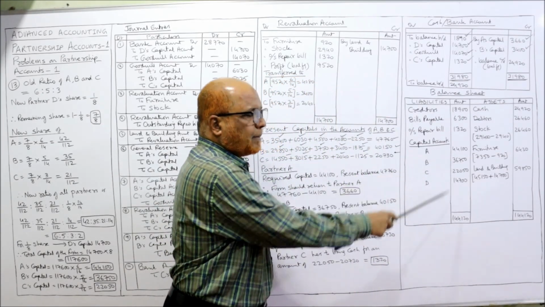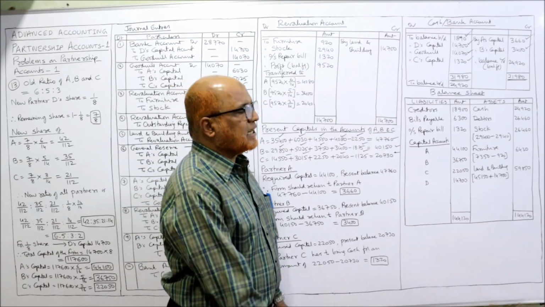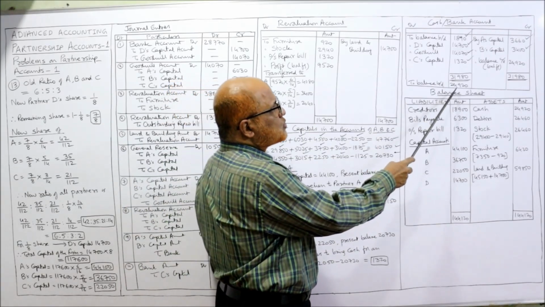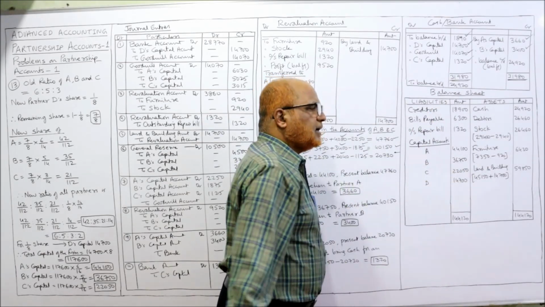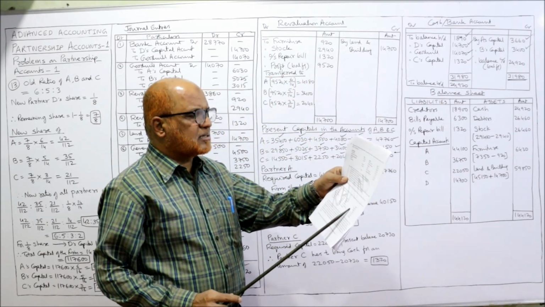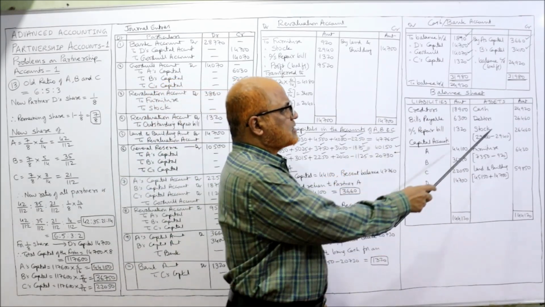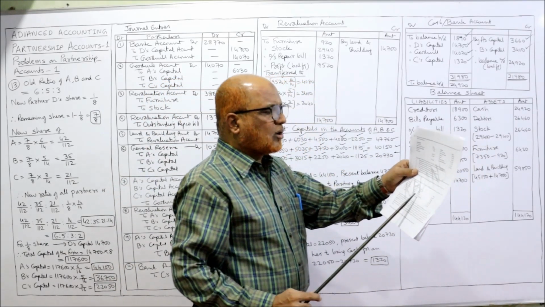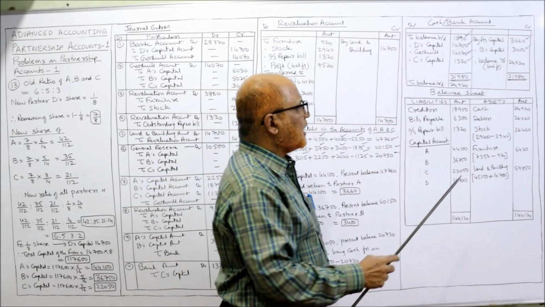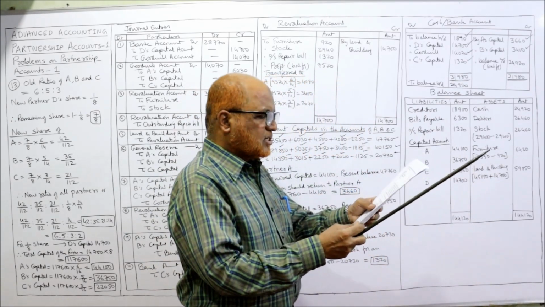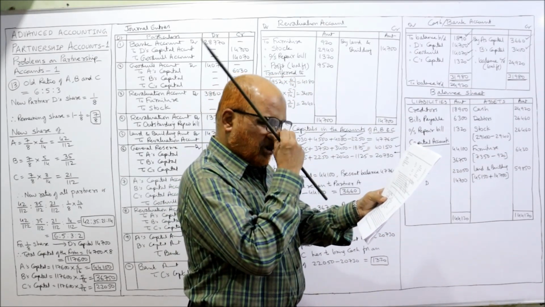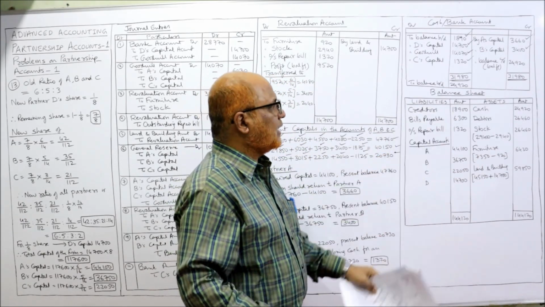Same capitals are taken. Now the asset side, cash. Here the cash balance is 24,920 in this bank account. Then debtors, no change in debtors, same 26,460. Stock value was reduced by 940, so 29,400. Actually, it is written as 29,460, but it is not 29,460, it is 29,400.